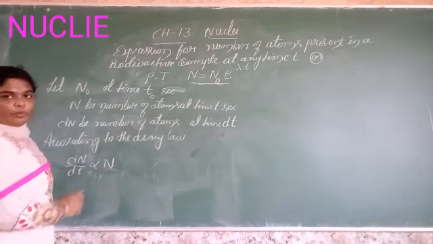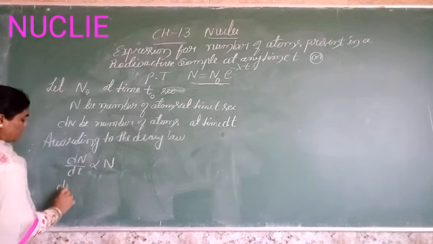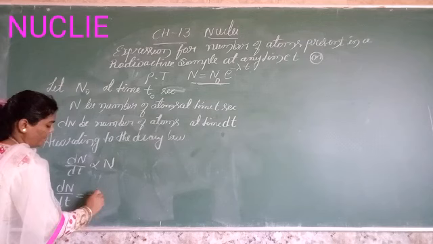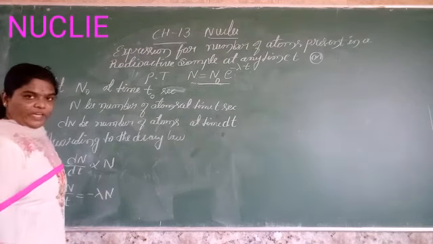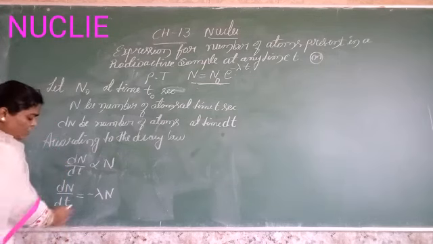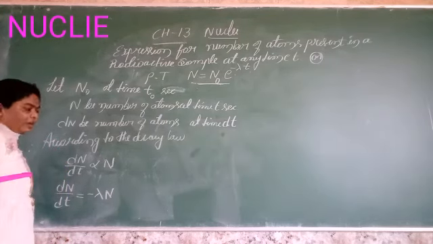So to remove the proportionality, we put the constant lambda: dN by dt is equal to minus lambda N, where lambda is the decay constant.